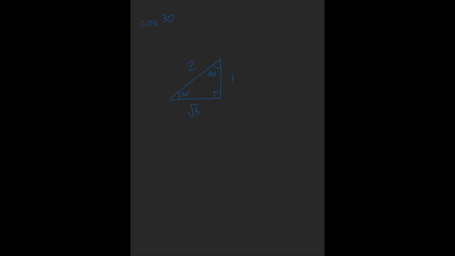Then we take the adjacent over the hypotenuse, because cos is equal to adjacent over the hypotenuse. So cos 30 is root 3 over 2. You can try the other trig ratios as well. It works the same way for all of them. Tan is just opposite over adjacent.